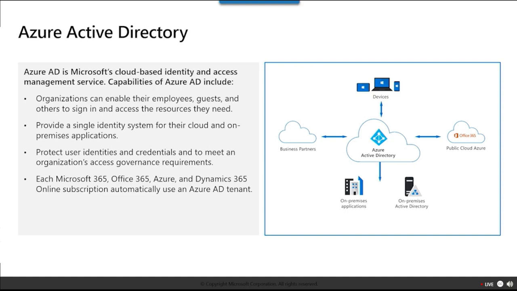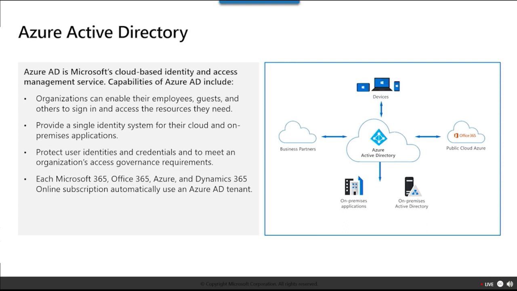Because think about it. As more and more organizations move to the cloud or allow users to bring their own devices like phones or tablets or laptops, you need to make sure your corporate data is secure. So Azure Active Directory lets your admins control all of your corporate applications and resources based off of the needs of the business.